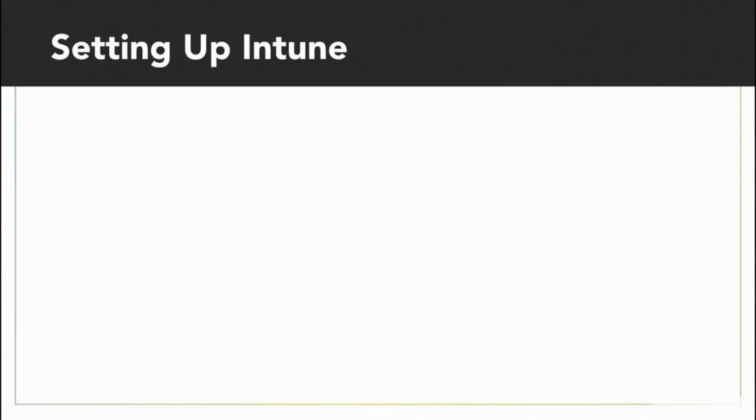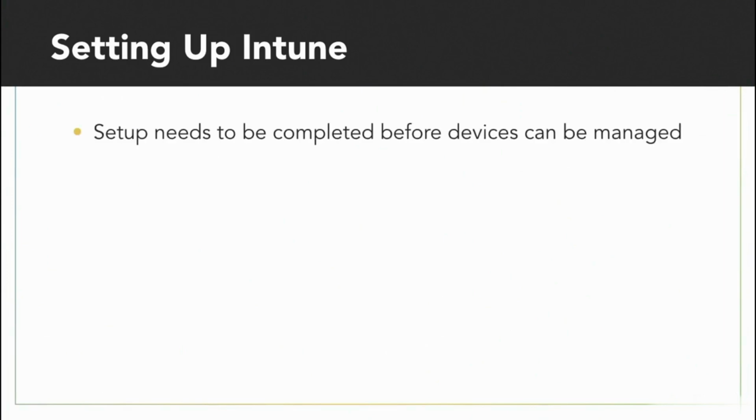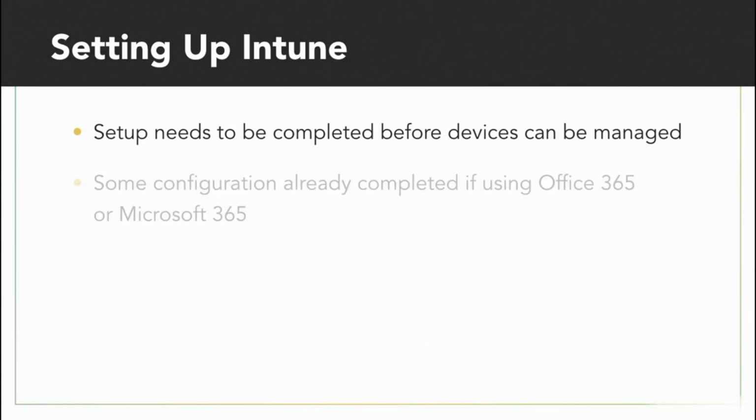Once you purchase your Intune standalone subscription or trial subscription, you'll need to perform some initial setup steps before the devices can be managed. If you've already deployed Microsoft 365 or Office 365 within your organization, you may also have a Microsoft Intune subscription included with this, and some of these initial steps will have already been completed.